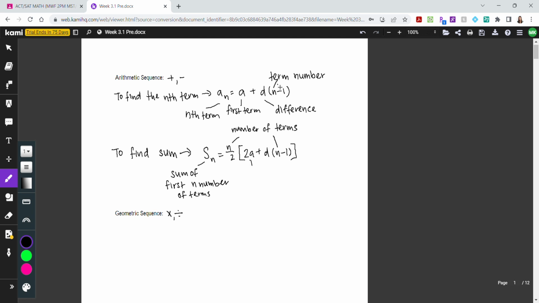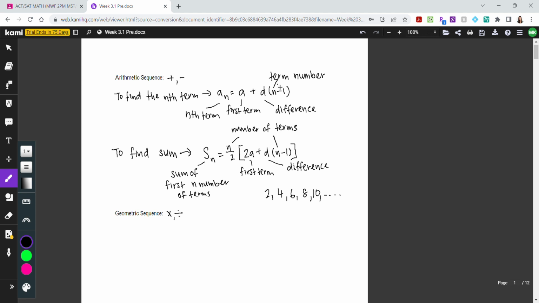Again, a here is the first term, and d is the difference again. Now, in order to find the difference, what we need to do is take the number after and subtract the number before. So for example, let's say we are given the series 2, 4, 6, 8, 10, and so on.